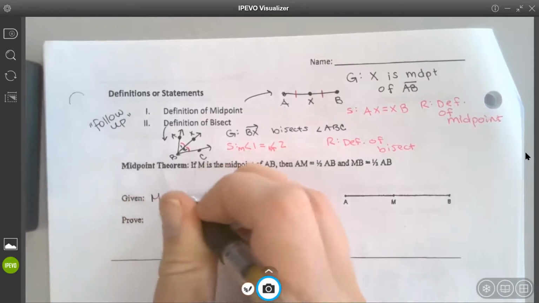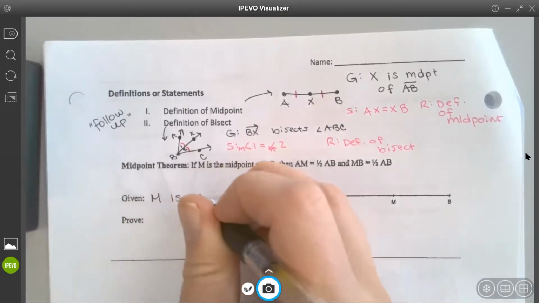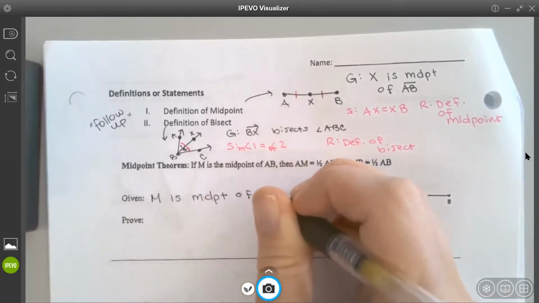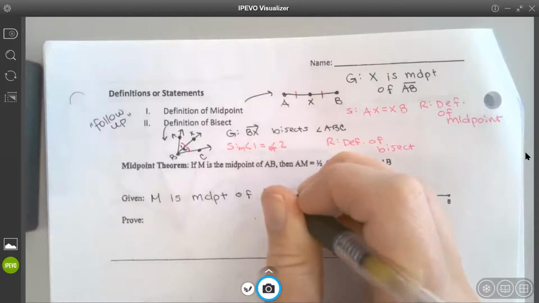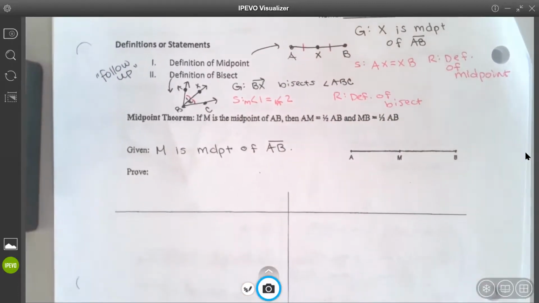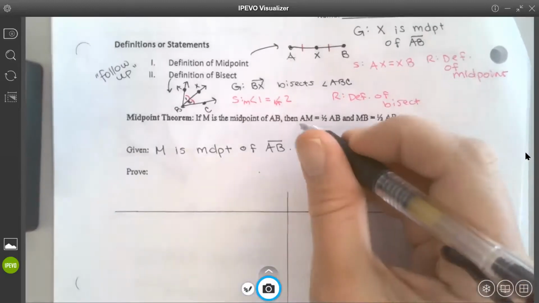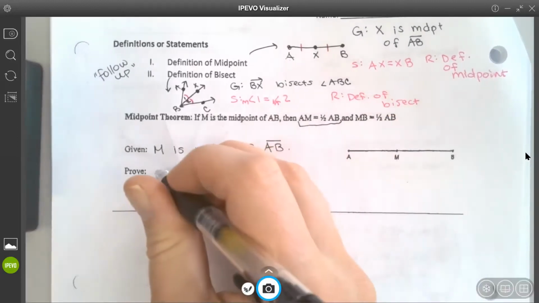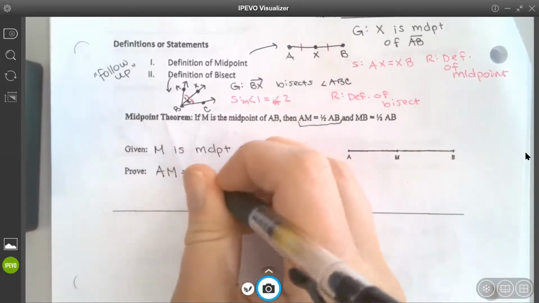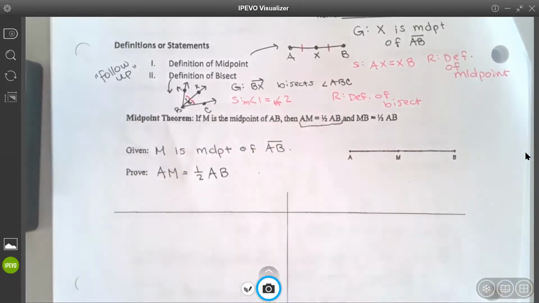Our given is going to be that M is the midpoint of AB, segment AB. That's our given. And I'm going to ask you to prove the first part of this theorem, that AM equals 1/2 AB.